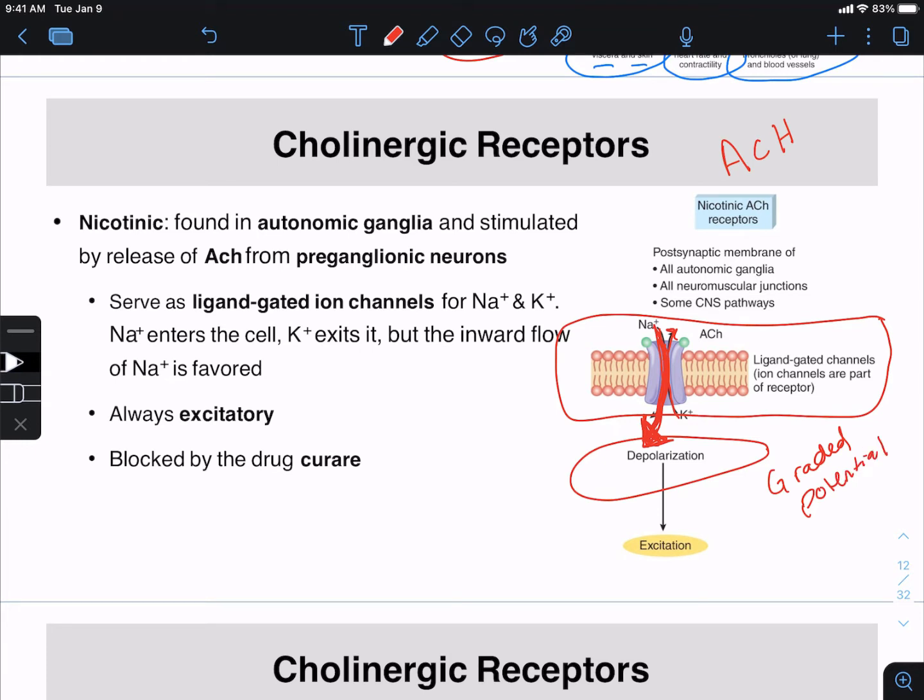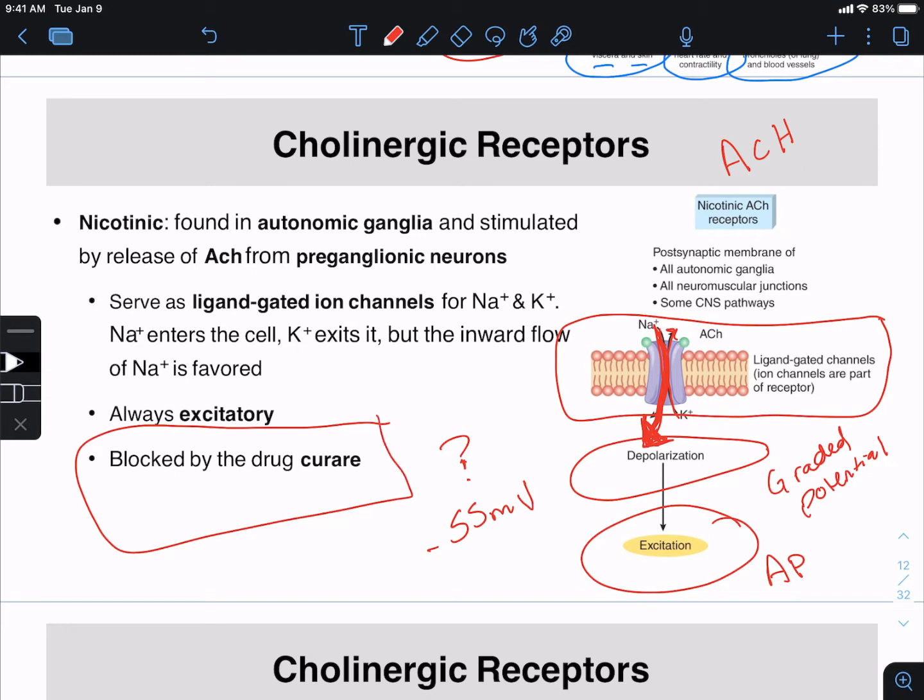And if that potential is large enough to hit our threshold voltage of minus 55 millivolts, then I'll put a question mark because it's if, then we get excitation, which is the action potential. Fun stuff, blocked by the drug curare. That's actually a question in your lab manual specific to the skeletal muscles.